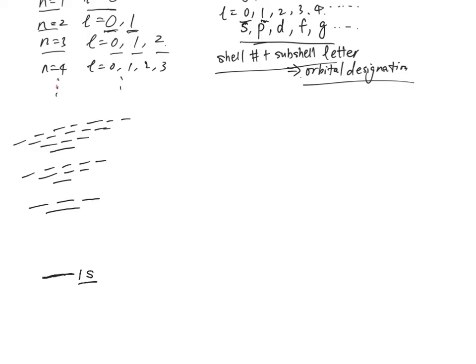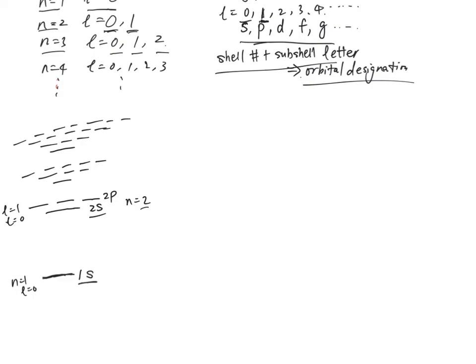And then this one here obviously is 2s, because this is n equal to 1, L equal to 0. This is n equal to 2, L equal to 0, L equal to 1. Each number represents one of the subshells. This is also called 2s because it's n equal to 2, L equal to 0, and this would be called 2p because it's the second shell and your L equal to 1.